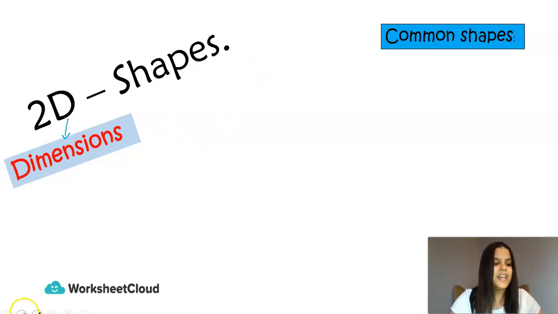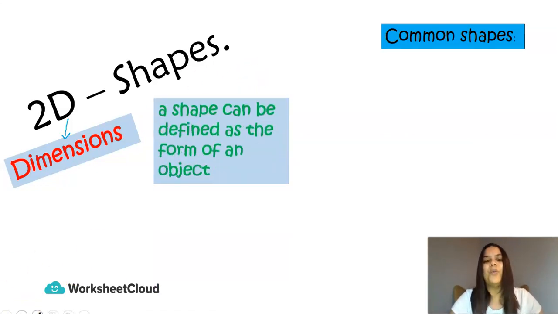Okay? And then I thought I had to add in what exactly shapes are. A shape can be defined as the form of an object. So the outer form of an object. It is also a geometric section of work. Okay, so that's when you start with geometry, we start with shapes.